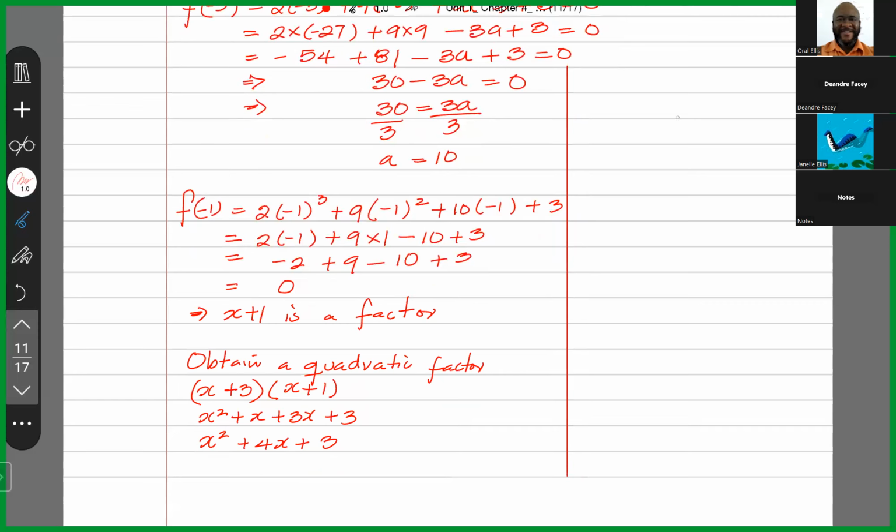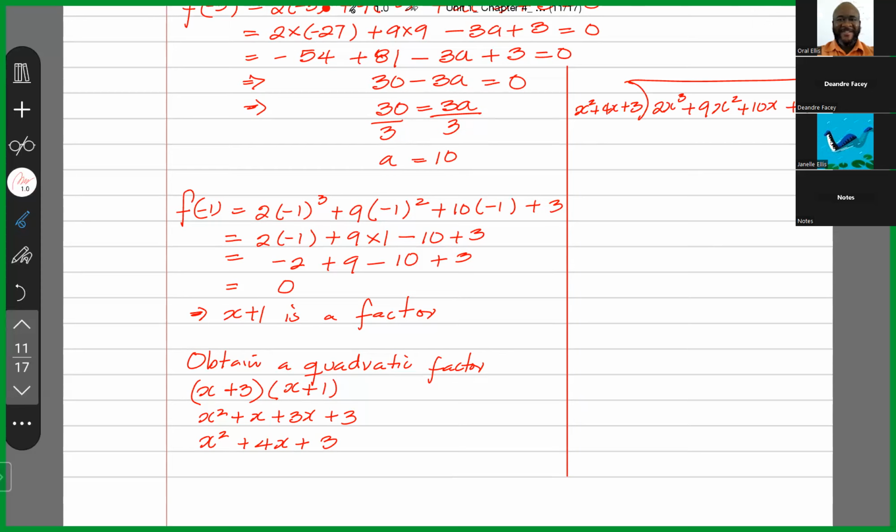So we're going to divide 2x cubed plus 9x squared plus 10x plus 3 by x squared plus 4x plus 3. This is a division that by now we should be familiar with.